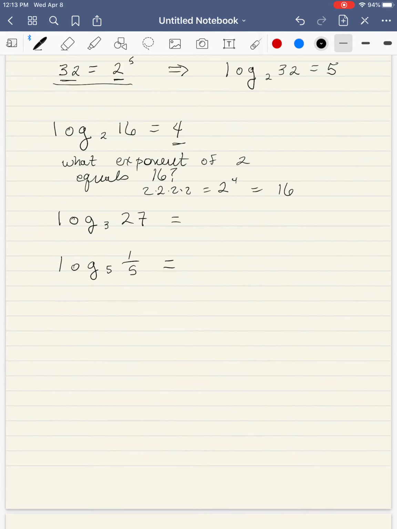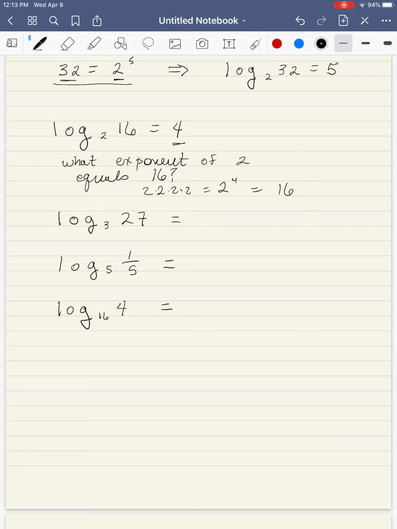And then we'll come back and see what our answer is. And a couple of these you might need to remember your exponent rules about negative exponents and fractional exponents, how those work.